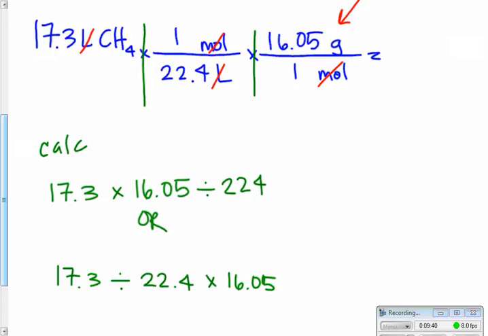So when you type this in, you're going to get this big answer on your calculator. Because this is 2 sig digs, you can have 2 sig digs for your answer over here. So on my calculator, I'm going to round this to 12, or sorry, not 2 sig digs. 3. I hope you caught that. 3 sig digs. So I'm going to round this to 12.4. My units are grams.